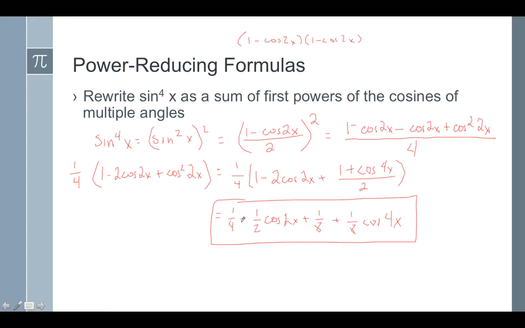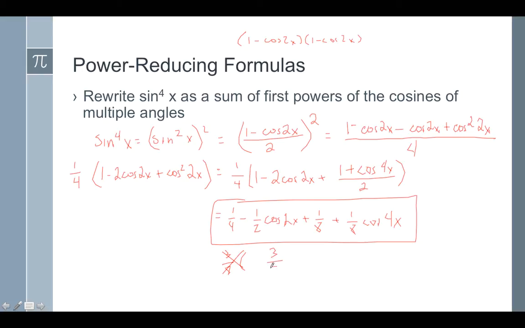Obviously, you can simplify this a little bit farther. 1/4 plus 1/8 is actually 3/8. Oops, I don't know where that parentheses came from in my head.